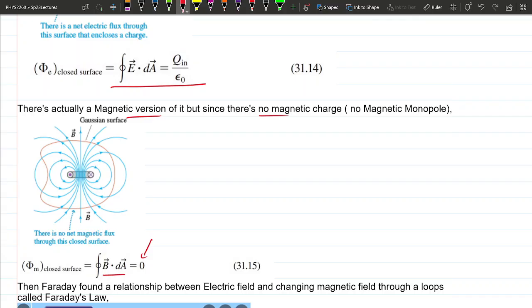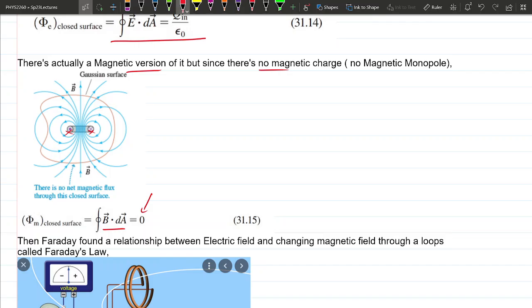The problem with magnetic charge is there's never a single north charge by itself. You've never been able to make a magnet that only has a north pole, or a south pole. They always have both, so the poles basically negate each other. And therefore the magnetic version of Gauss's law always comes out to be zero.